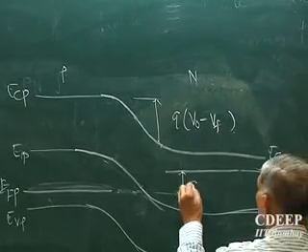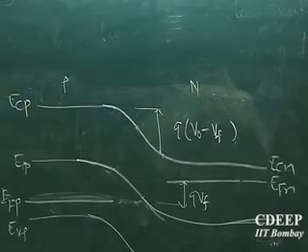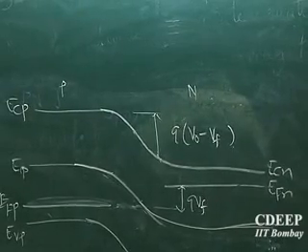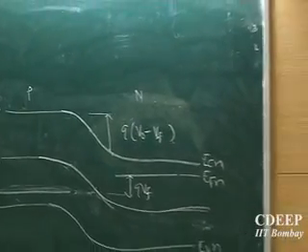At zero bias, no current was there, EF were aligned. As soon as you apply bias, the conduction band went up, so the Fermi level there went up. This remains. The difference came because of applied bias. So EFN minus EFP is essentially a measure of applied voltage. Is that clear to you?